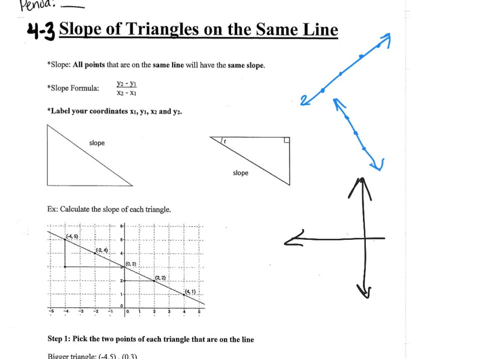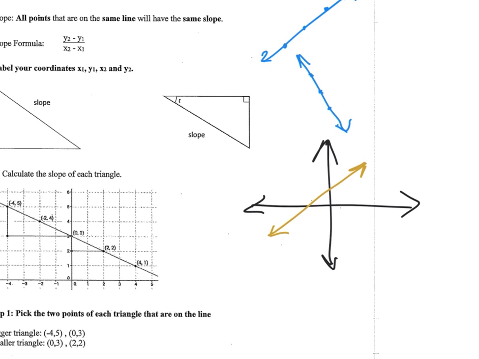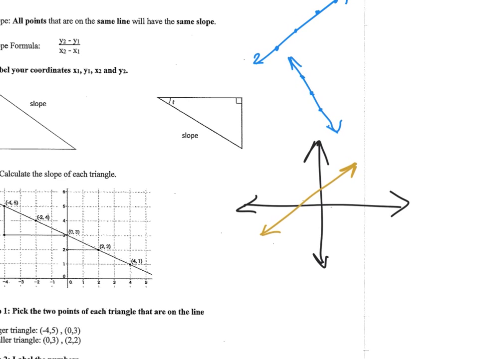So say you have your graph here, and this is our positive slope, okay? So they might draw a tiny little triangle that looks like this. So that's a big triangle. And another one maybe that looks like this.